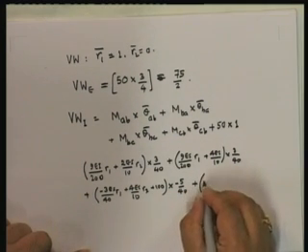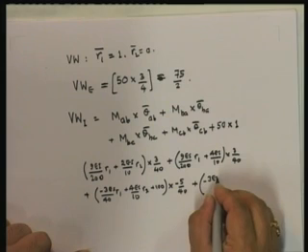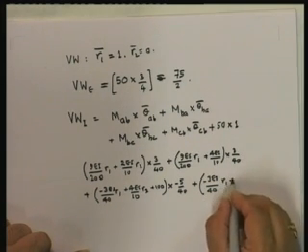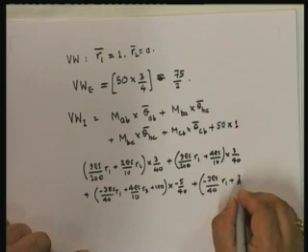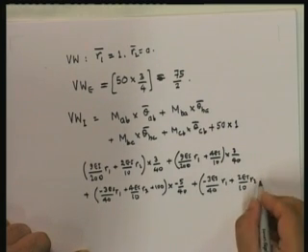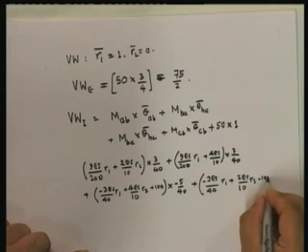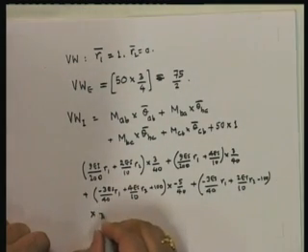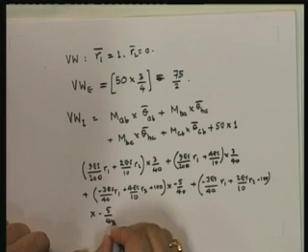MCB is equal to minus 3 EI upon 40 R1 plus 2 EI by 10 R2 minus 100, multiplied by minus 5 by 40.